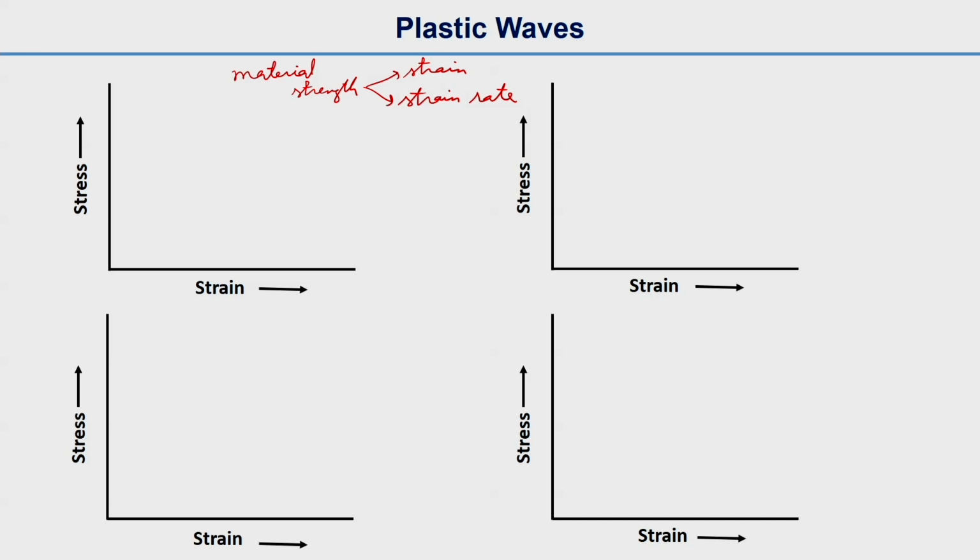In the simplest case we call it bilinear elastoplastic, where we have a straight line, in this case an elastic portion, and then another straight line with a different slope as the plastic portion. The slope is the elastic stiffness, and it is different here for the plastic portion. So this is what we call bilinear elastoplastic behavior.